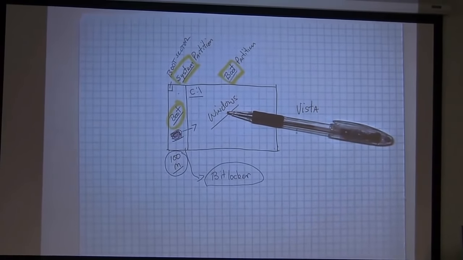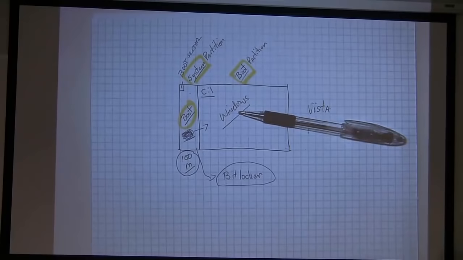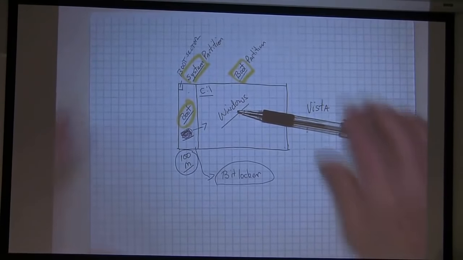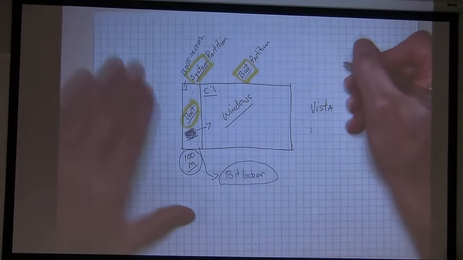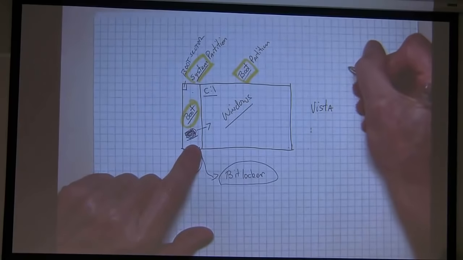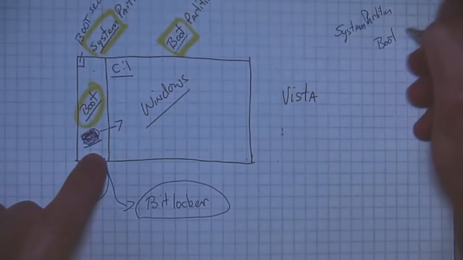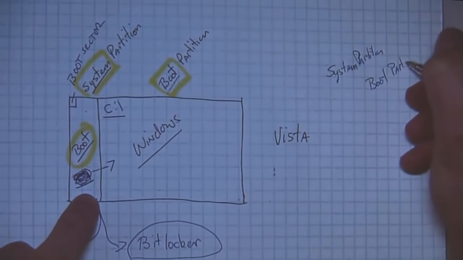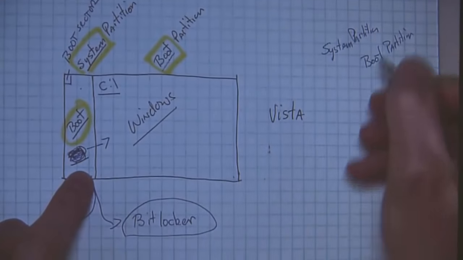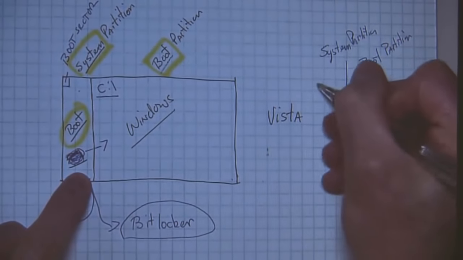Let's quickly look at this. This is Vista. Vista reserved space on the system partition, and then the boot partition. So let's make a column.